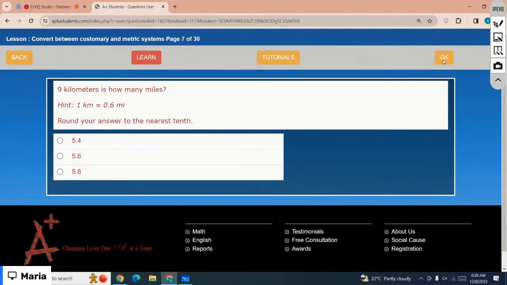Which is the correct option? And the correct option is 5.4. It is right.